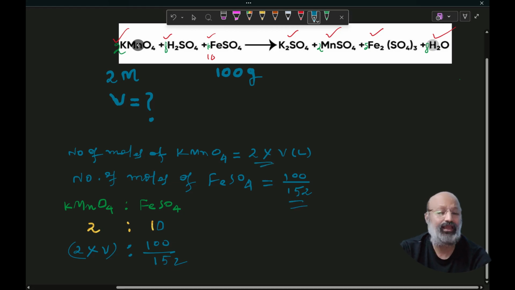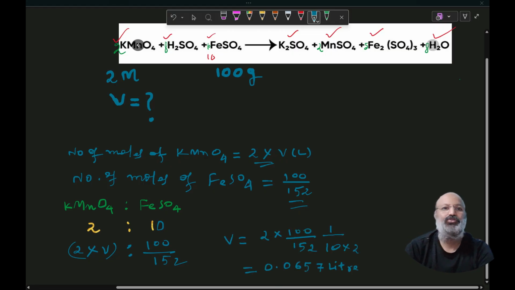After calculating that, the volume will come out as follows. So the exact volume of KMnO4 required will be 0.0657 liter.